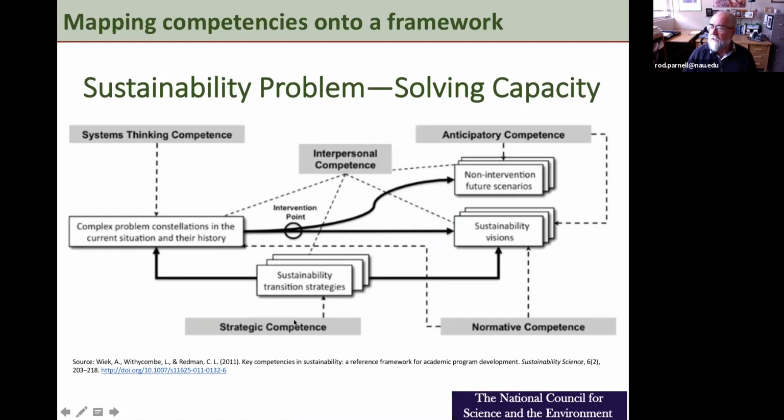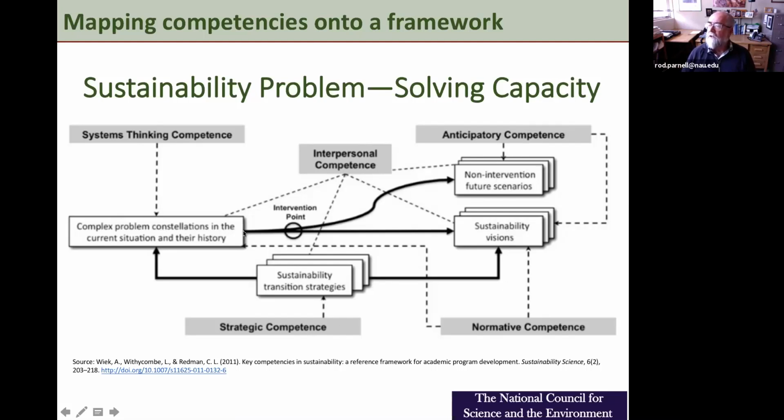And you can see where we would have each one of these skills and abilities play out in terms of thinking about and identifying the problem or challenge, in terms of working on the intervention to be able to figure out where we might want to go in the future with respect to either non-intervention or intervention scenarios.